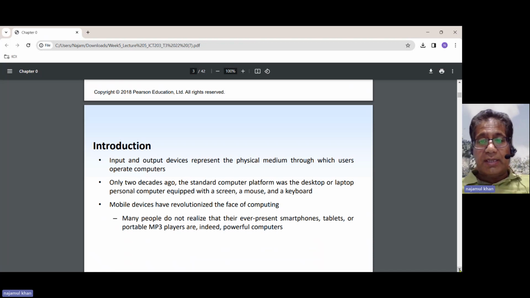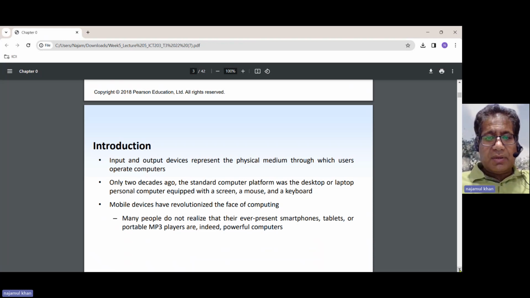So it's a big change, guys. It's my understanding as well that with time, the latest devices will emerge and they will further enhance our user experience. Anyway, the important thing we need to cover here is mobile phone technology, which has revolutionized the face of computing.